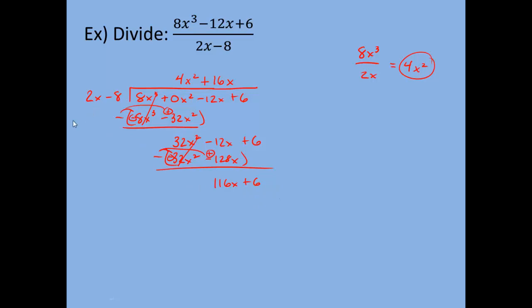And we can do this one more time, right? We got 2x here. I want to say 2x times what gives me 116x. The easiest way to do that is really just to divide 116 by 2. We get 58. So this is a positive 58. So a positive 58 times 2x will make this 116x.